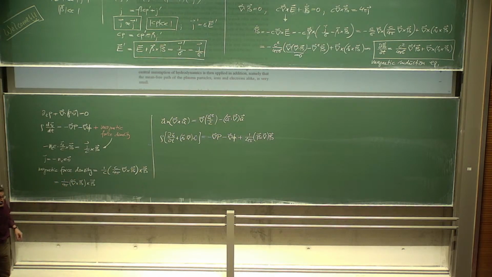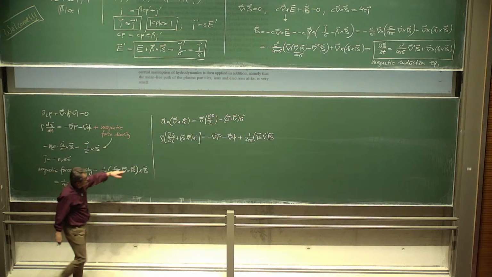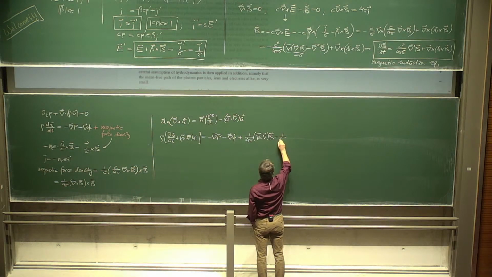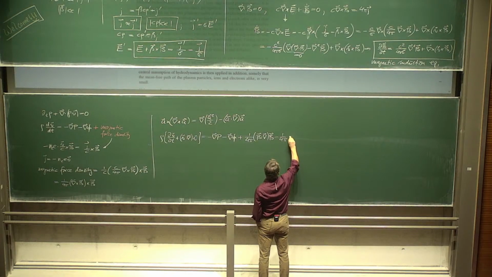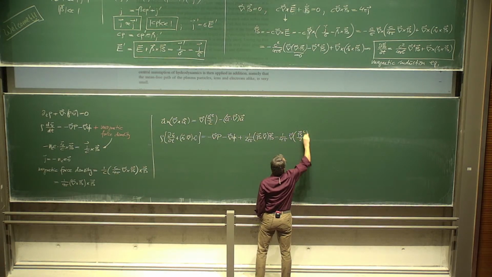This is very illustrative, as you will see. And then we have minus gradient B squared over 2. So 1 over 4 pi gradient B squared over 2.